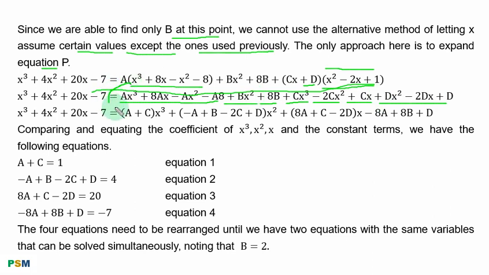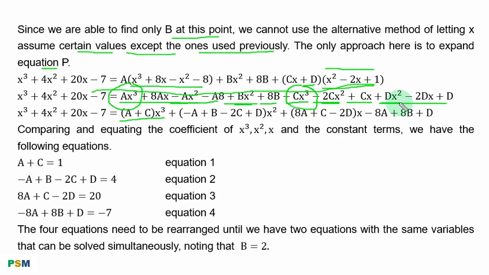You have this and this. If you factor out s cube, you have this result. For the power of 2 for s, one term is here, another one is here. You have this and this.